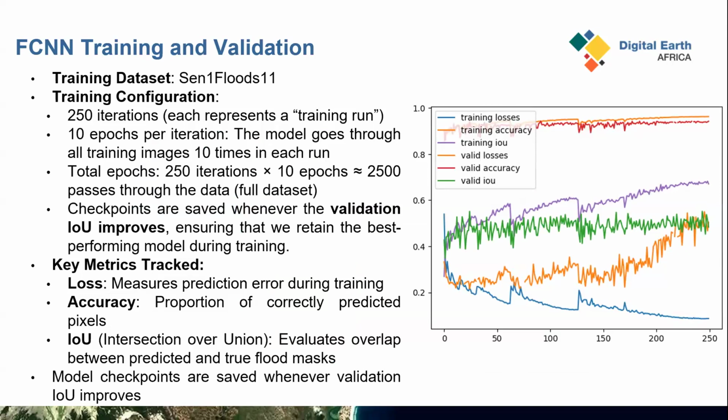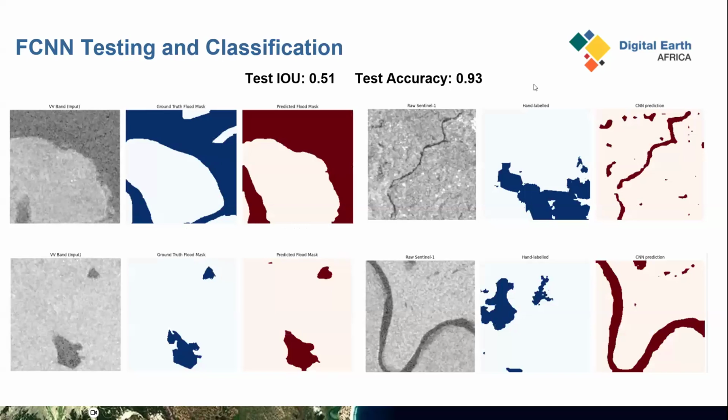And we talk about accuracy, which is the proportion of accurately or correctly predicted pixels. And the IOU is evaluating the overlap between the predicted and the flood mask. So these are the predicted. Let me just go to that. Please let me know if you can see my cursor.